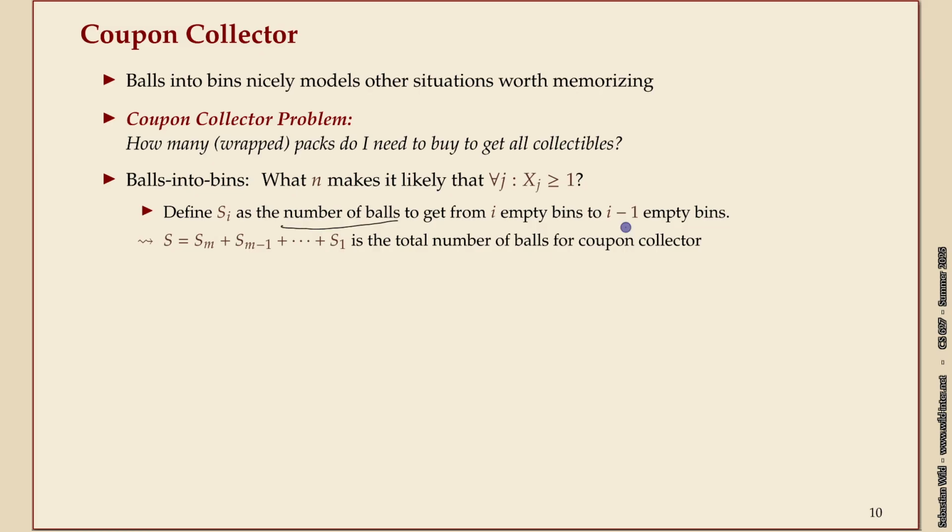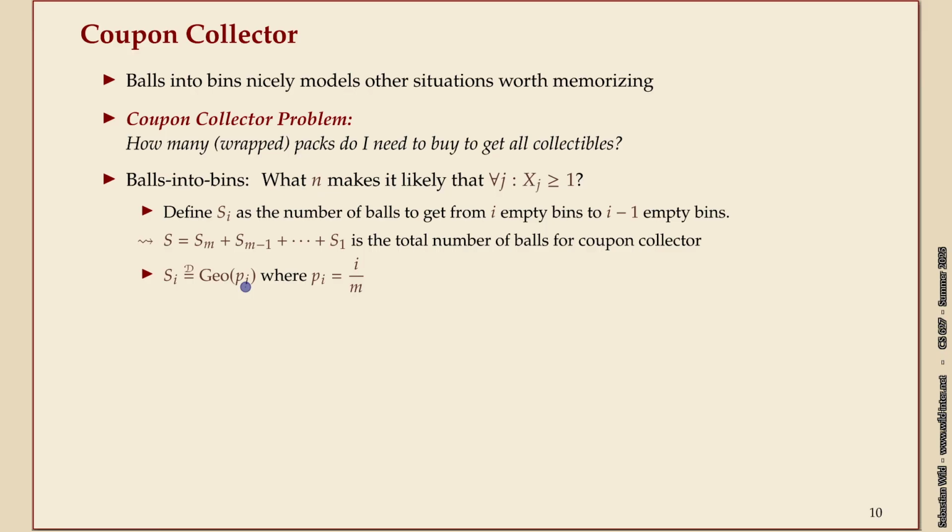But once I cover with my new ball the first new empty bin, I stop counting in S_i. And so the total number of balls I have to throw until I've collected all bins is the sum of all these. And the indices are reversed, right? You start with everything empty, so the initial S_m will always be just deterministically 1. But from then on, it's random. You could throw things in the occupied bins again, or you could be lucky and get a new one.